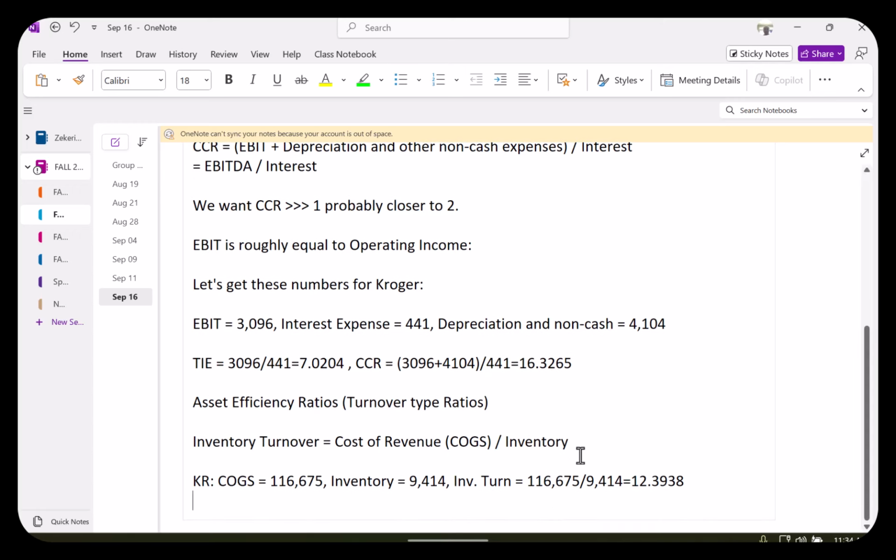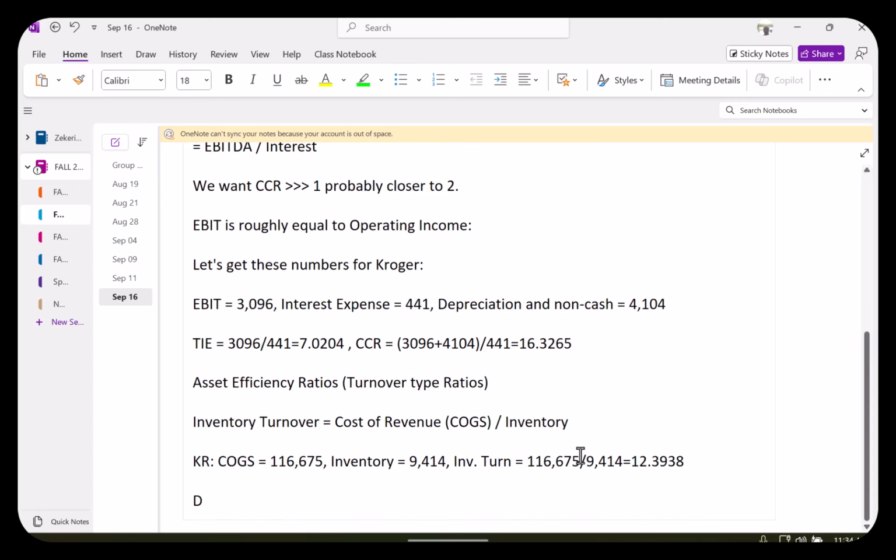There is a related measure that is easier to interpret. It's called days sales in inventory. Assuming we're using annual income statements, it's 365 over inventory turnover, or 365 times inventory divided by cost of goods sold.